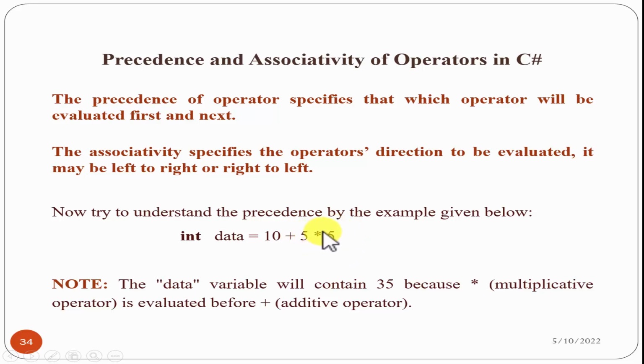So 5 multiplied by 5 is 25, plus 10 it becomes 35. The multiplication operator performs first because its precedence is high. The variable will contain 35 because the multiplicative operator is evaluated before the additive operator.